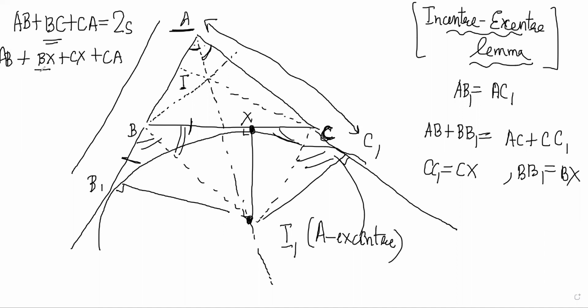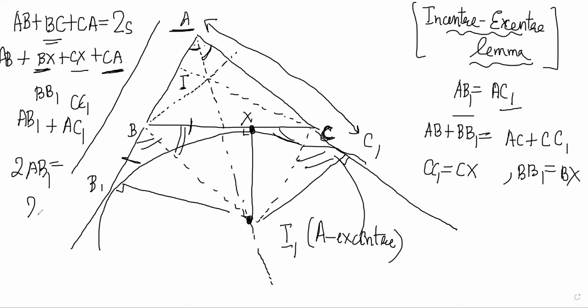BX I can write as BB1, and AB plus BB1 becomes AB1. And CX I can write as CC1, and CC1 plus CA becomes AC1. And we know that AB1 is equal to AC1, so this is twice AB1 equal to 2S. So this whole distance is just S, the semi-perimeter.